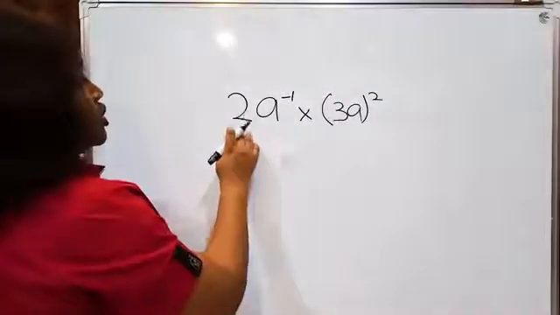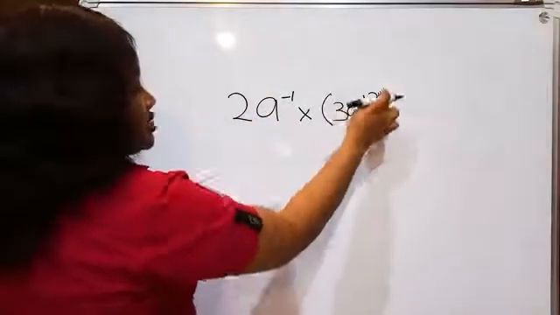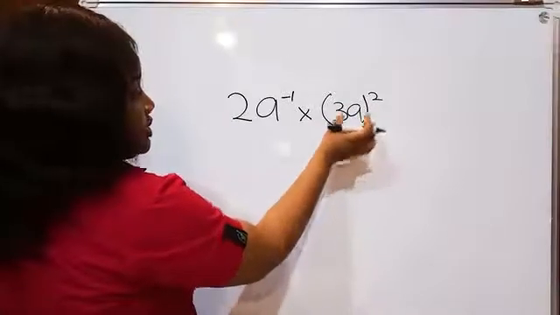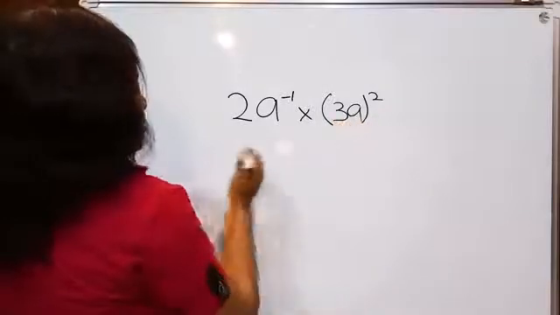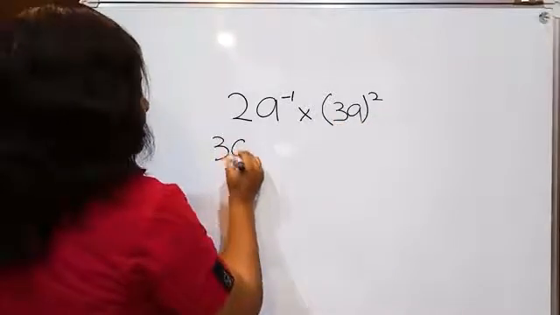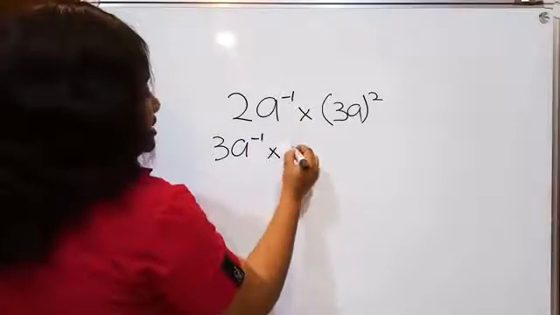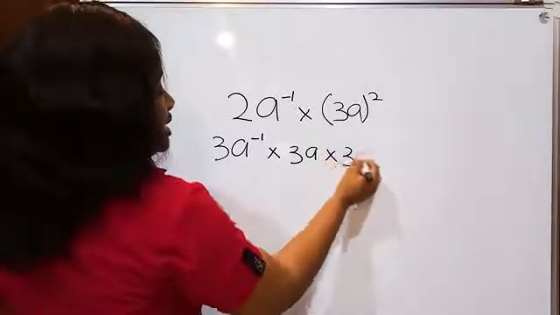Look at simplifying this. You have 2a raised to the power minus 1 times 3a squared. Please let's take note that the 3a is squared. The squared covers both 3 and a, so it's something like saying 2a raised to the power minus 1 times 3a times 3a.